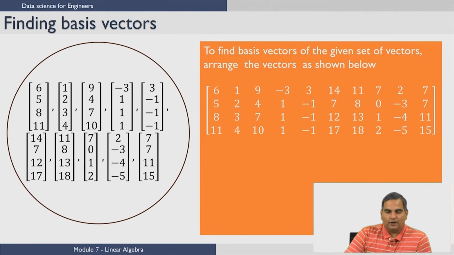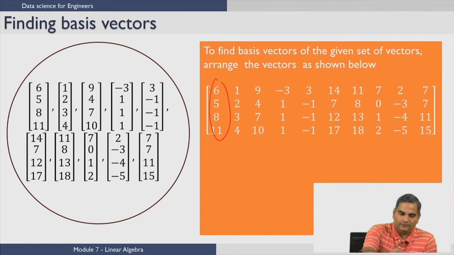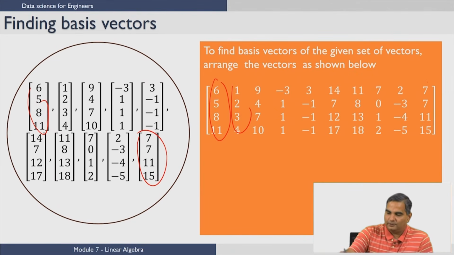So, we are going to use concepts that we have learned before to do this. If we were to stack all of these vectors in a matrix like this, this is the first vector here, from here the second vector, and so on all the way up to the last vector.